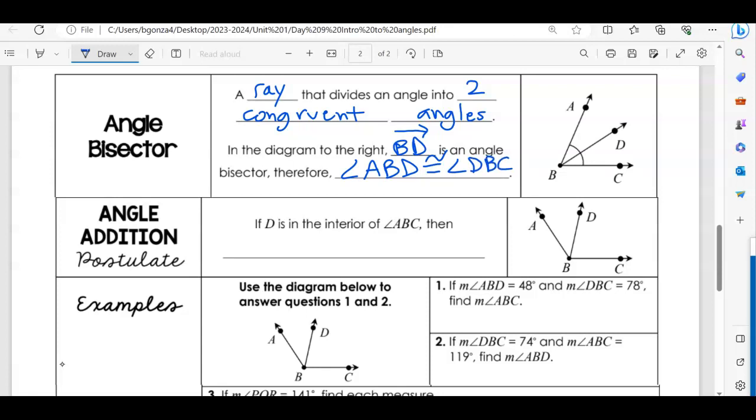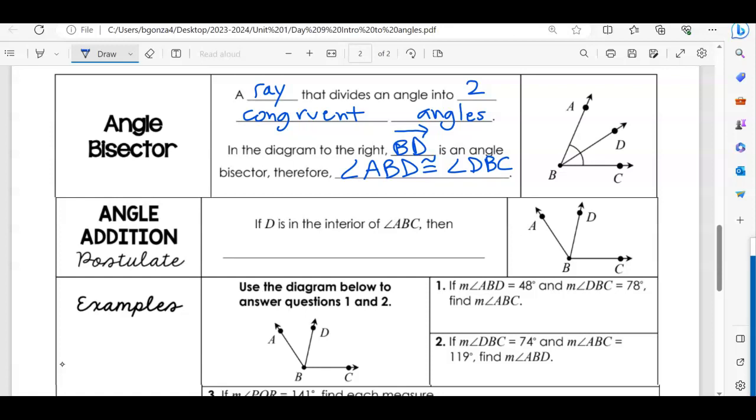So angle ABD is congruent to angle DBC. All right? So that's bisector. Anytime you see bisector, cut in half, you can set them equal and solve, just like when we did midpoint on segments.